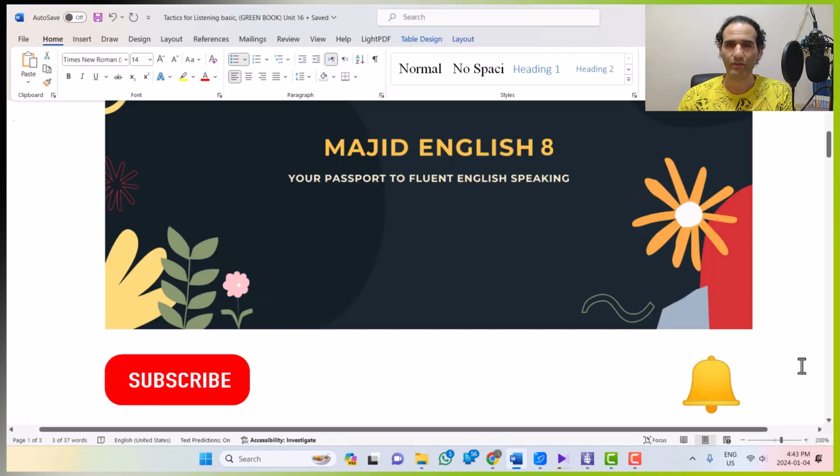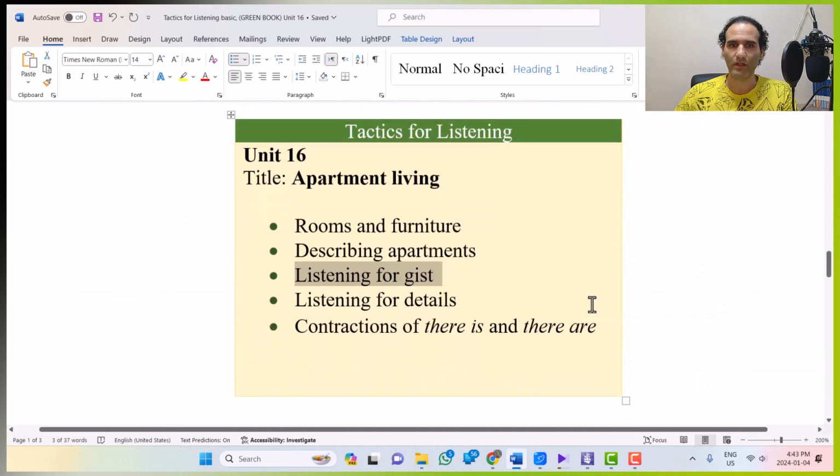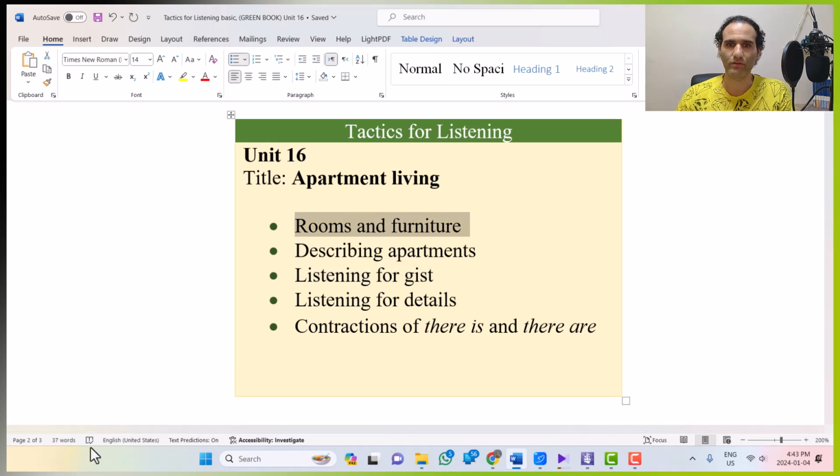But before that, let's go to the word file and see what we got here at a glance. Today we are covering Unit 16 of Tactics for Listening Basic, apartment living. And we will talk about the rooms and furniture, describing apartments, listening for gist of the idea, the time that we listen to each track once, and I'll pause it and want you to give your own summary.